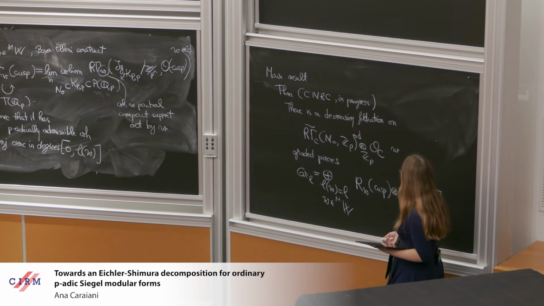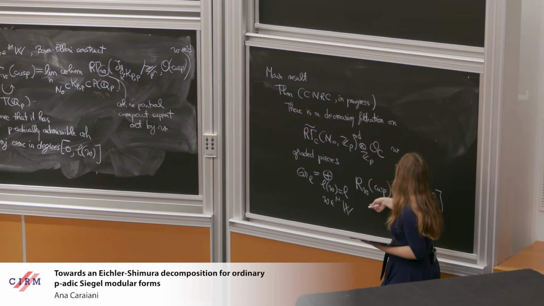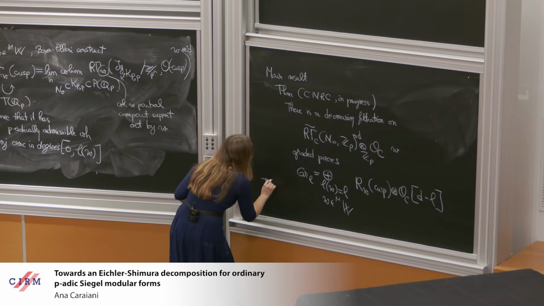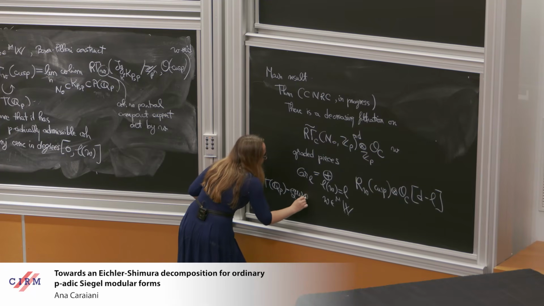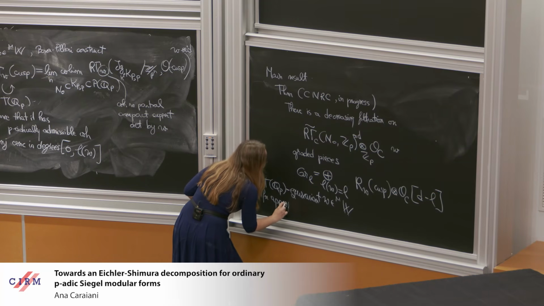So everything is consistent. And this is TQP equivariant when you twist the TQP action on these pieces in an appropriate way. And I won't write that down for simplicity.